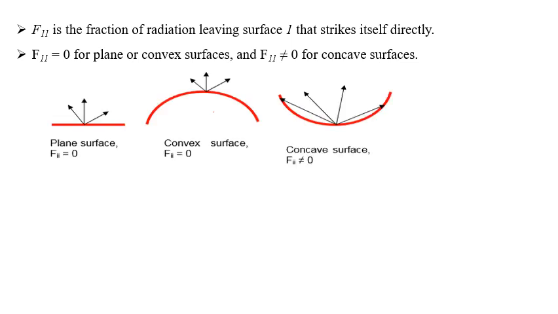You can see here that for a flat and convex surface the view factor F1-1, or Fi-i, with respect to itself is always 0. That means the energy once leaving the surface never returns to the same surface. For the concave surface the shape factor with respect to itself is never 0.